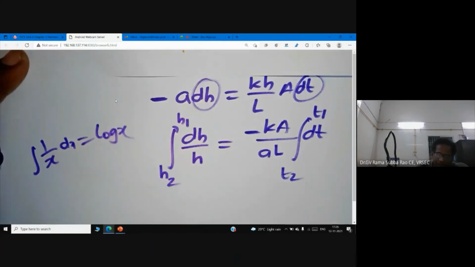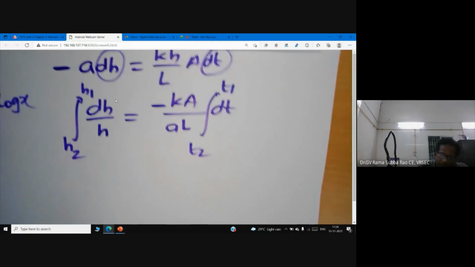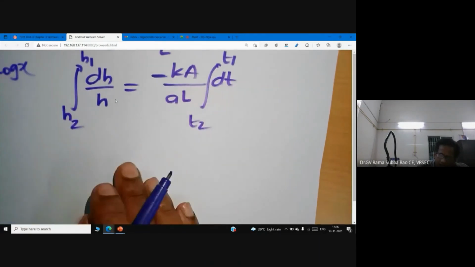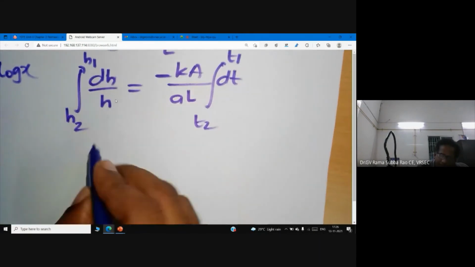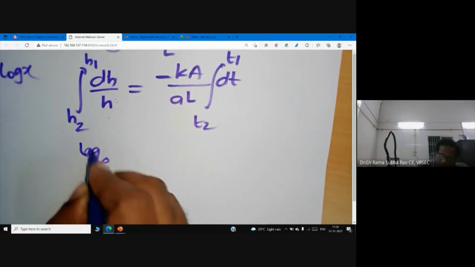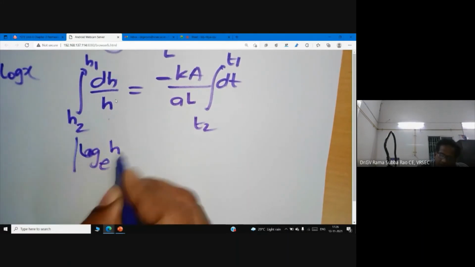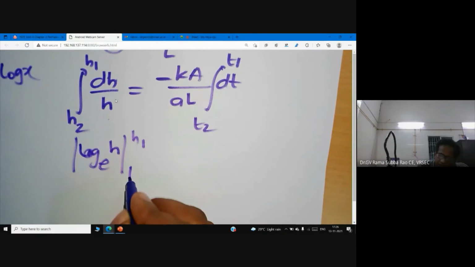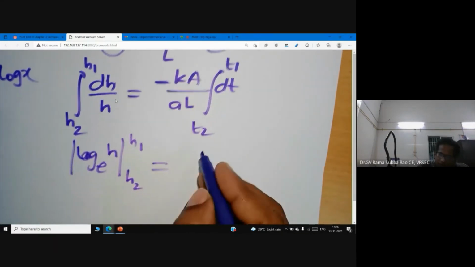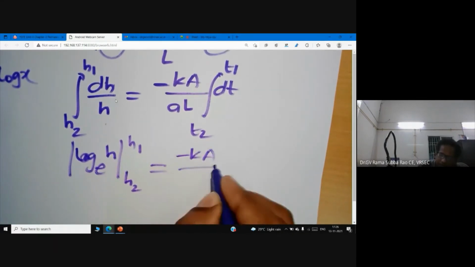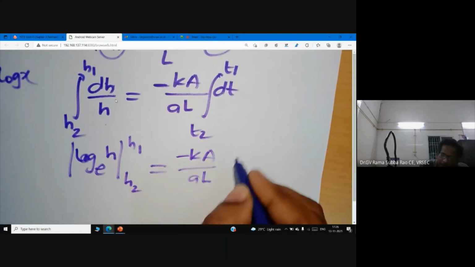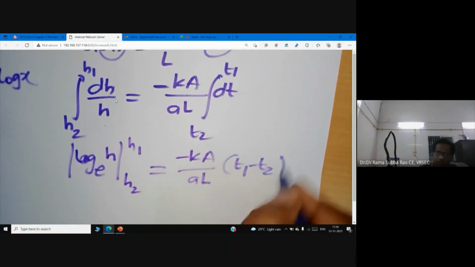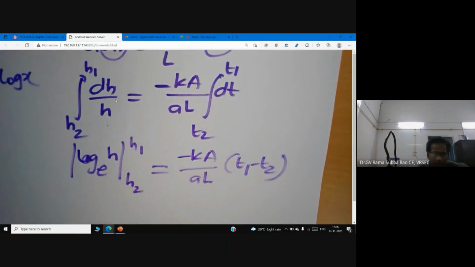Now let me write. Here you see integral dH by H becomes log to the base e of H. Now I have H1 to H2 is equal to minus k a by A L, T1 minus T2. But I don't want to write T1 minus T2.